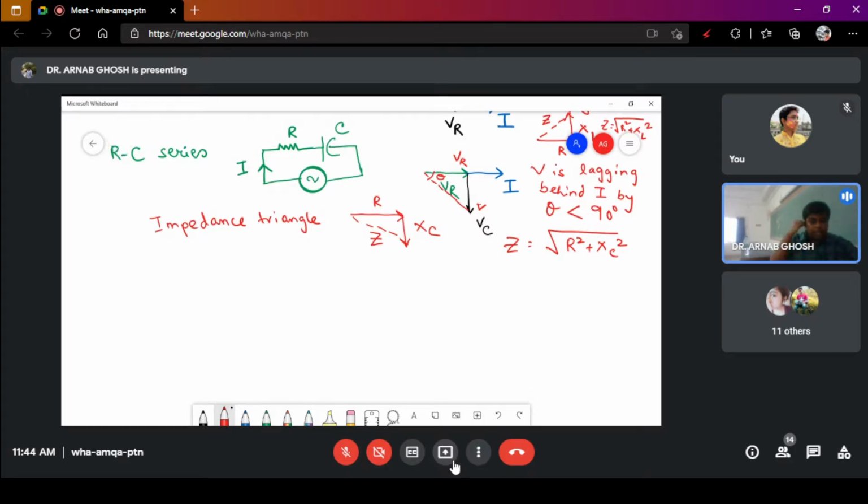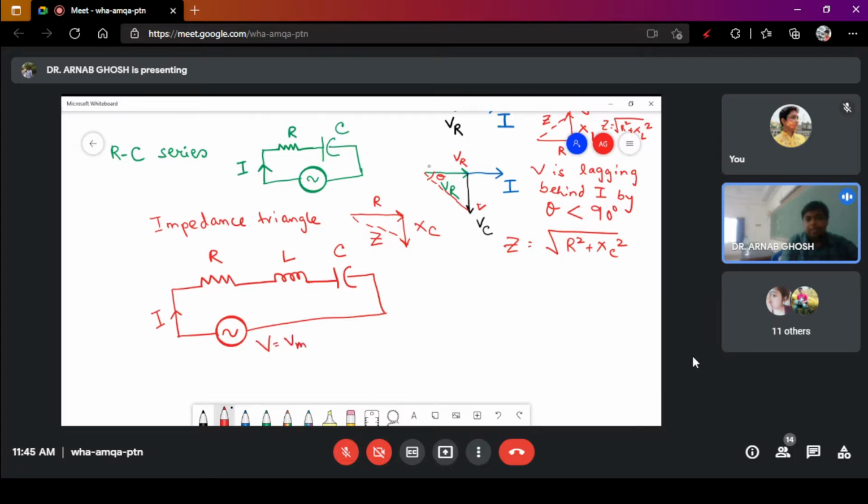The circuit will look like this: this is your source voltage, this is your resistance, then you have an inductance, and then the capacitance. So this is R, this is L, this is C, this is your current I, and the source voltage is V equal to Vm sine omega t.